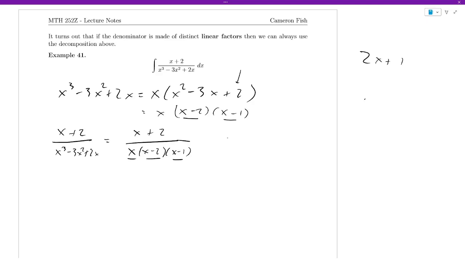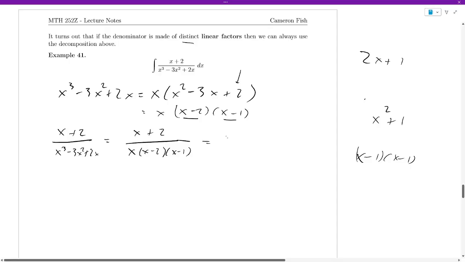If it was like 2x plus something, that would also be linear. What's not linear is if you ended up with something like an x squared in your factoring. We'll see what to do if we have that. But here we have linear factors, and we have three of them. They're distinct, meaning they're all different. Sometimes you'll have x minus 1 and then another x minus 1 in the bottom, so we'll see what to do in that case too. But if they're distinct, then this will work.